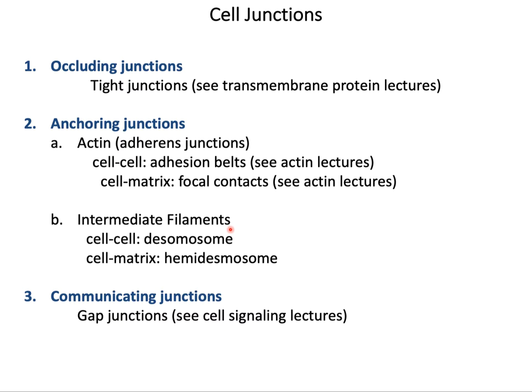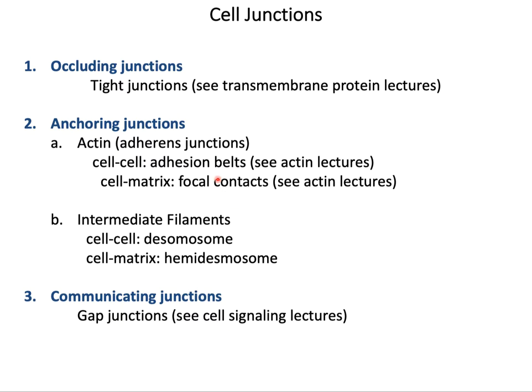So one type of junction is known as the occluding junction. And an example of an occluding junction is a tight junction. And we looked at tight junctions when we were studying transmembrane proteins and transport across membranes. The second major type of junction is known as the anchoring junction.